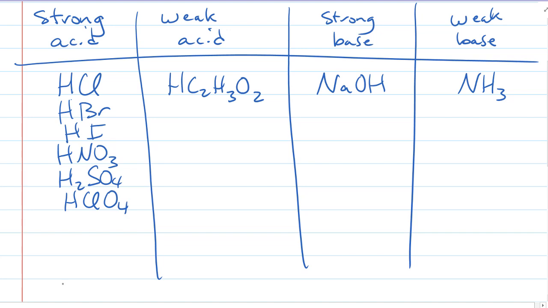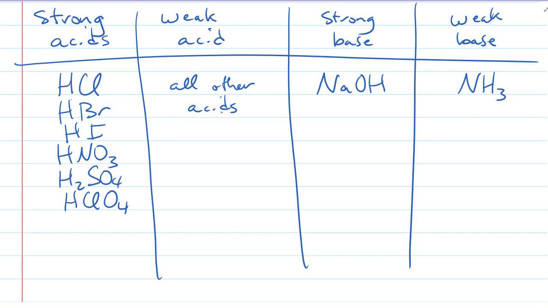So these are your strong acids that you should memorize. If you memorize these 6, pretty much all other acids fall into this category. That's not entirely true, but at least in this course, unless you're told otherwise, any other acid that you encounter is going to be a weak acid.